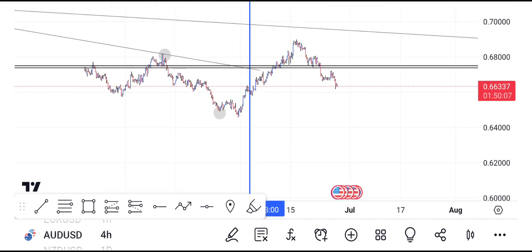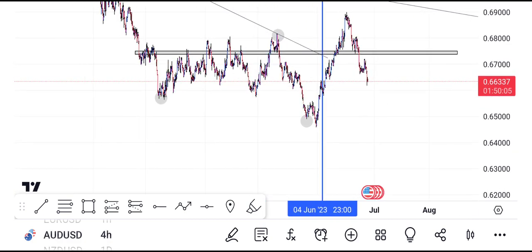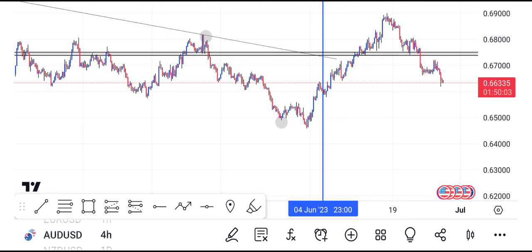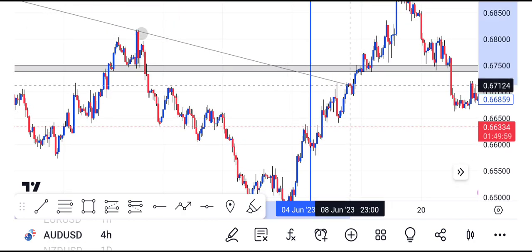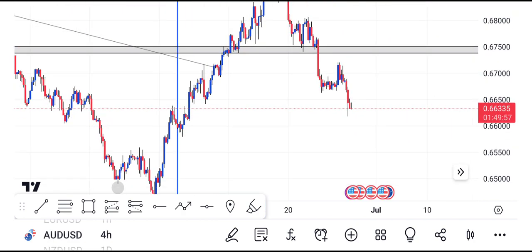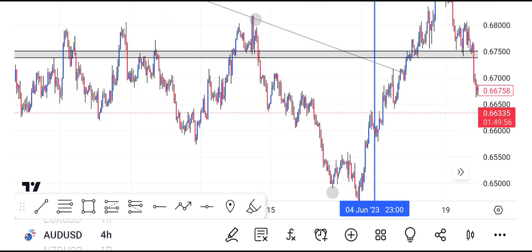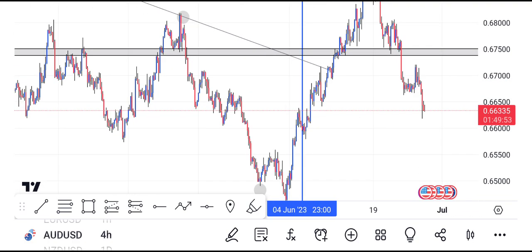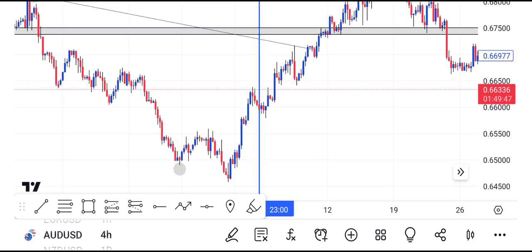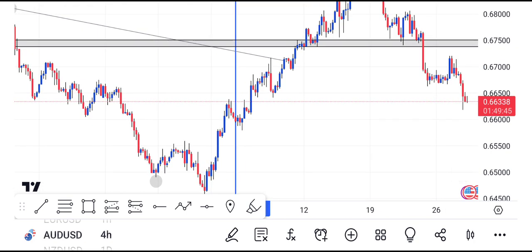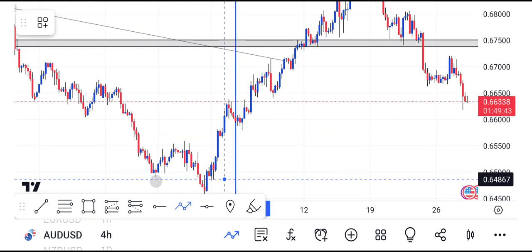Looking down the 4-hour time frame, what do we see? We see price coming down into this level here. And then guys, remember we have a resistance on this level. We see price going up into the level, which is this.